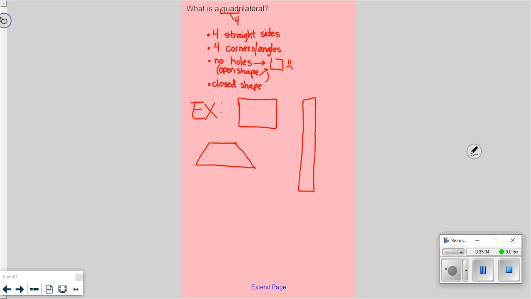What about this shape? Look at it. Decide in your head, don't say it out loud. Do we think that shape is a quadrilateral? This is the part where you're looking at the rules.